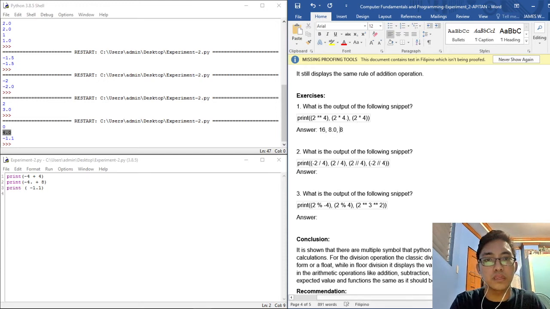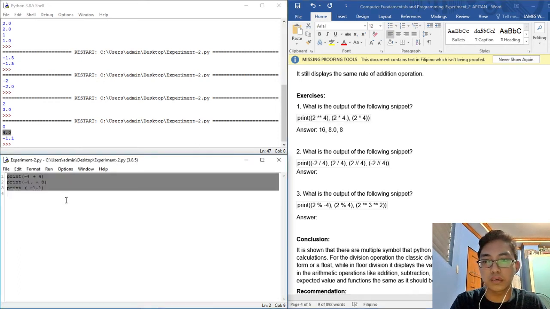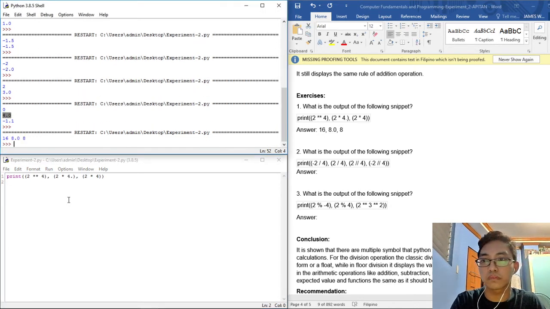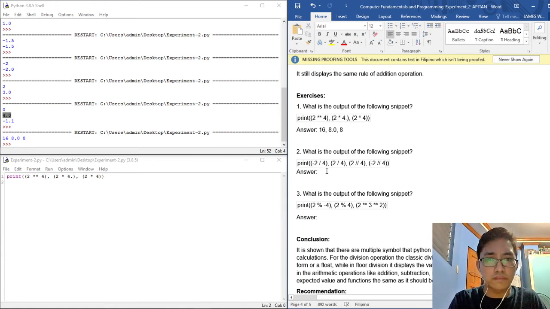Now let's see what will be the result if we use this code and run it here. It's the same. 16, 8.0, 8. Next here, negative 2 divided by 4 is negative 0.5. And 2 divided by 4 is 0.5. 2 integer division by 4, 0.5 rounded to the lower integer, so it's 0.